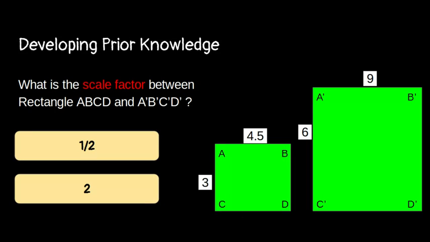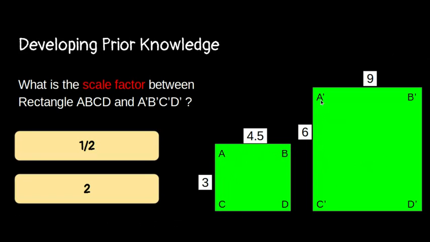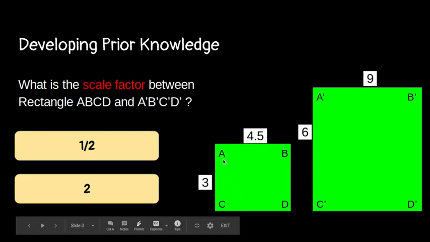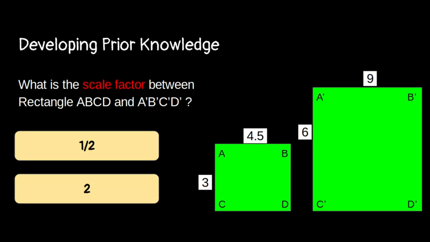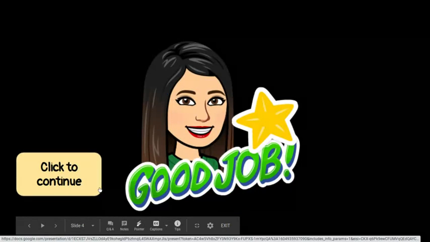So we find a scale factor by dividing your new image by your original, by its corresponding parts. So for our new image here, we have a height of 6, and our original image has a height of 3. So we need to do 6 divided by 3, and that gives you 2, so our scale factor would be 2.